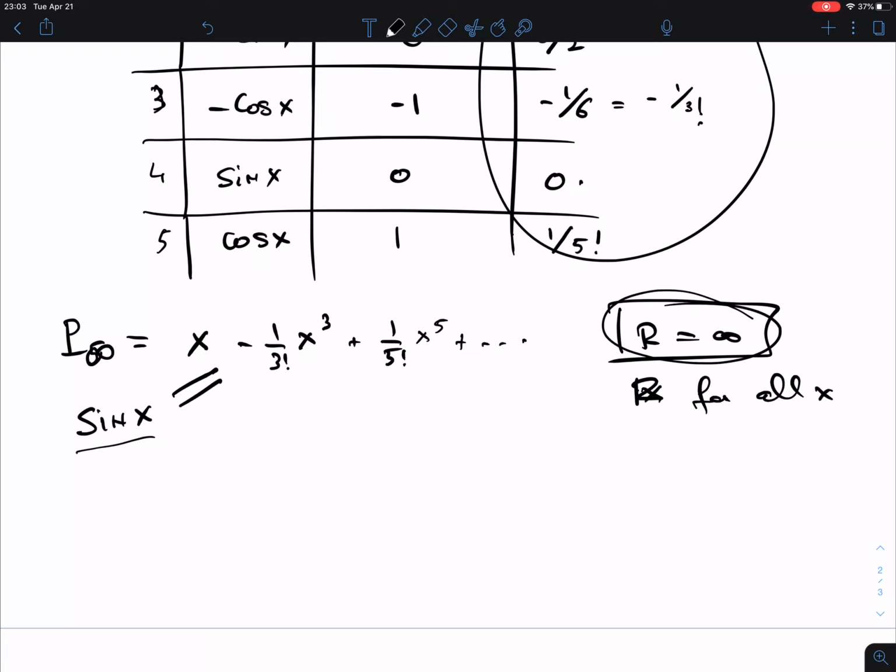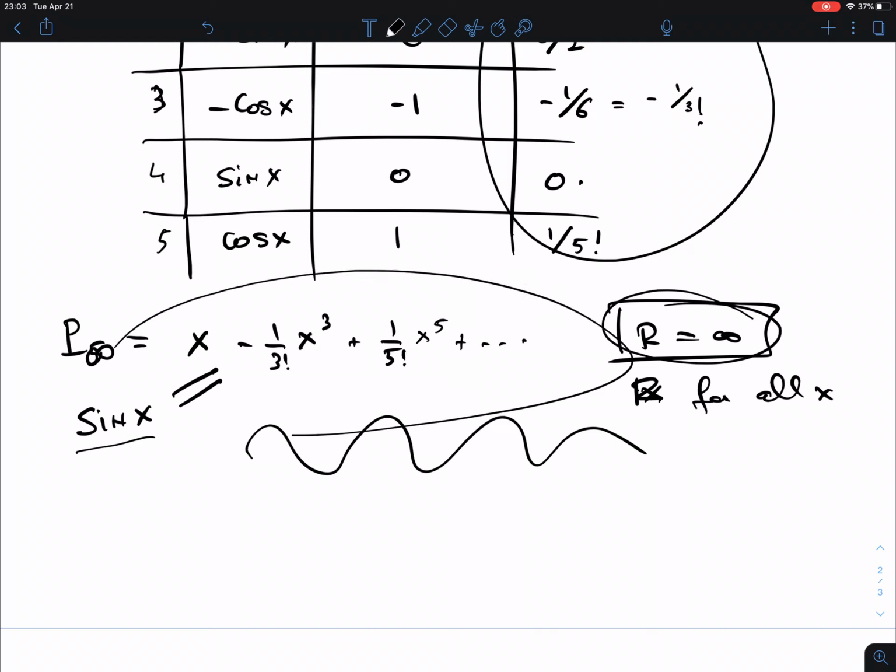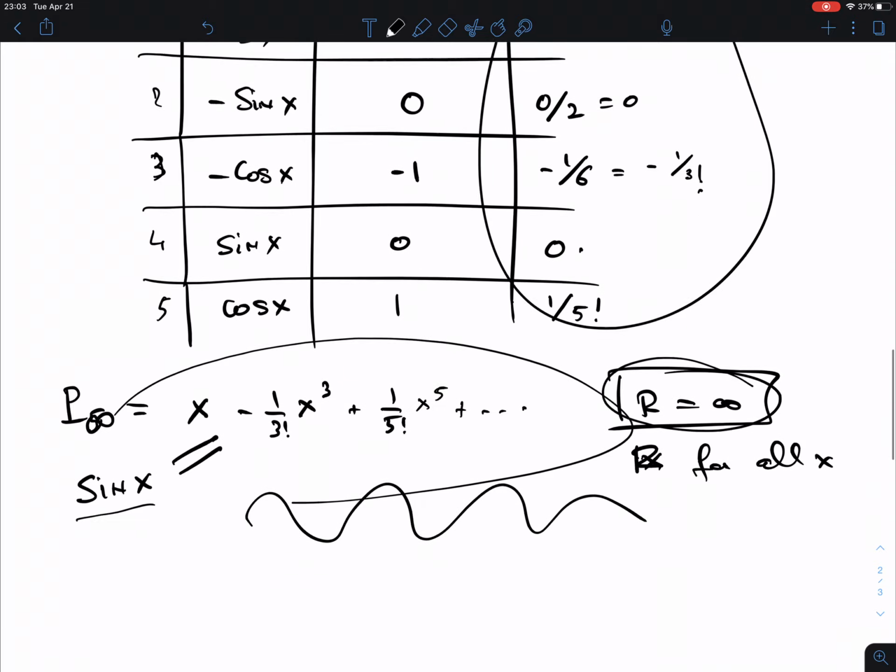If I put in a zillion here, why is the sine of a zillion the same, plugging it in this way or that way? And remember, the sine is a function that goes up and down, right? The sine looks like this. But do you see that this series is periodic? It's not clear at all, right? So it's kind of surprising. Okay, so that's what Taylor series are about.